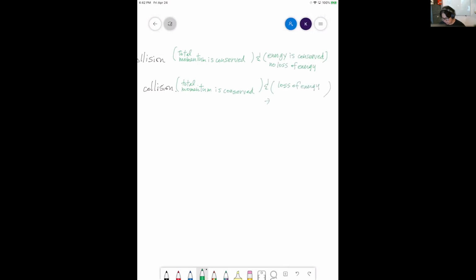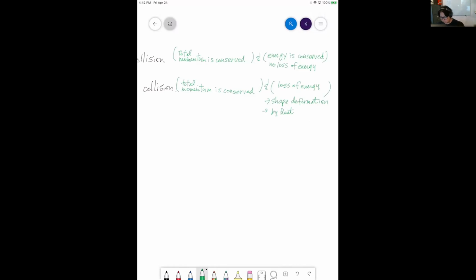Like shape deformation, or you might lose energy by heat. Even the sound, you lose some energy by creating a sound when they make a collision like this.